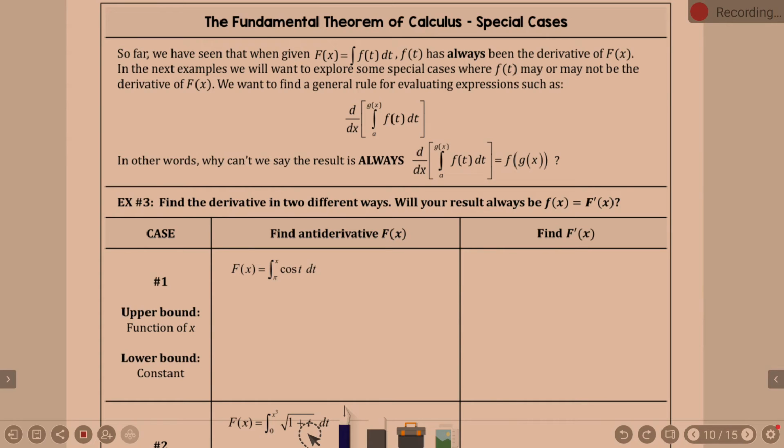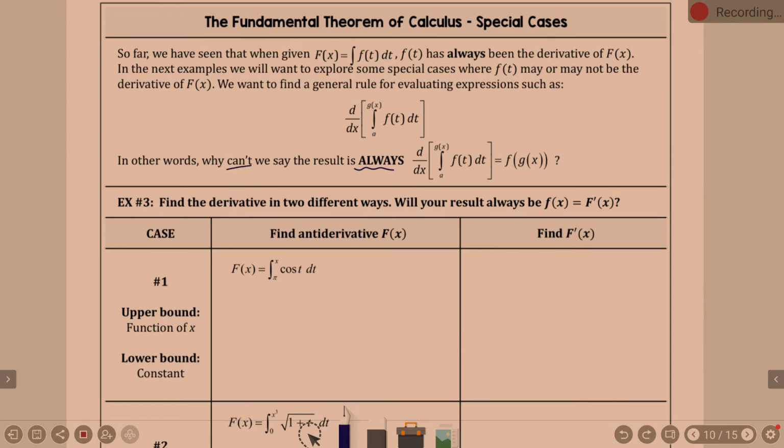Basically, when we look, and this is what we went back to doing the other day, we looked at some where the upper limit was a function, wasn't it? Okay, and when that was a function and the bottom was a constant, our shortcut was essentially just to take that function and plug it in. And here's the key. Why can't we say that result is always that?